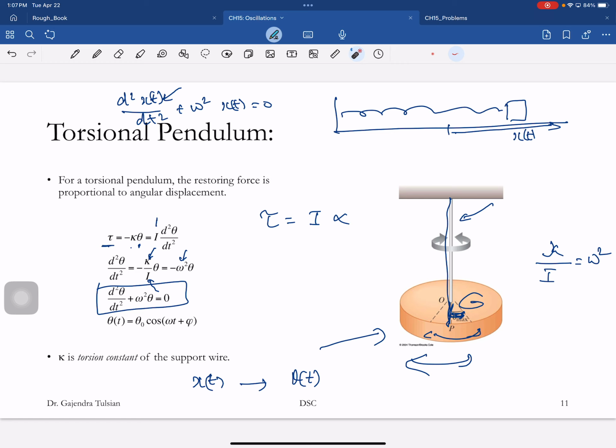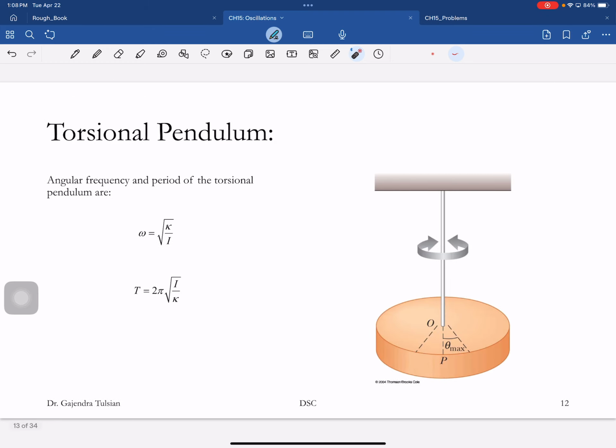Again, notice this is a second order linear differential equation, and how many constants will there be that are determined by initial conditions? 2. So there's the one constant and there's the other constant. Omega square is that. The period is 2 pi square root of I over kappa.